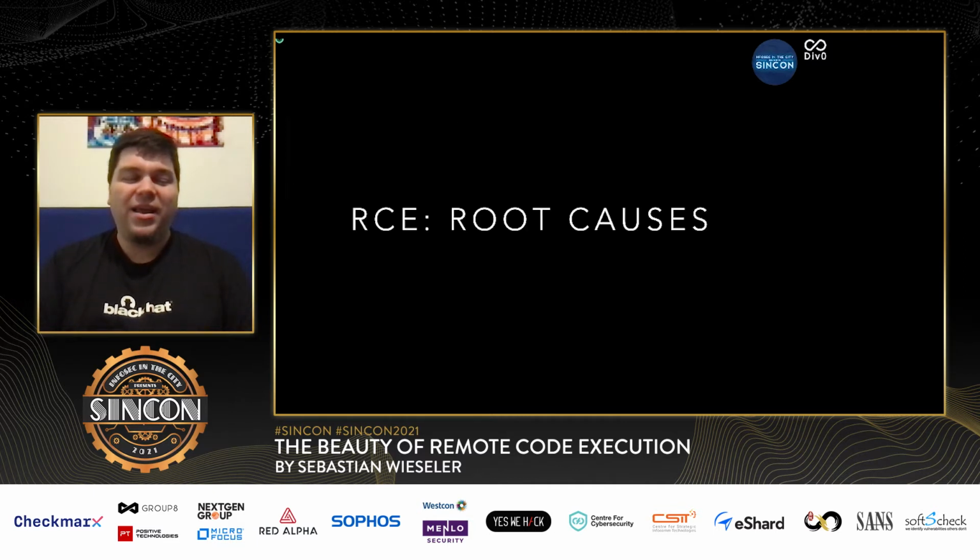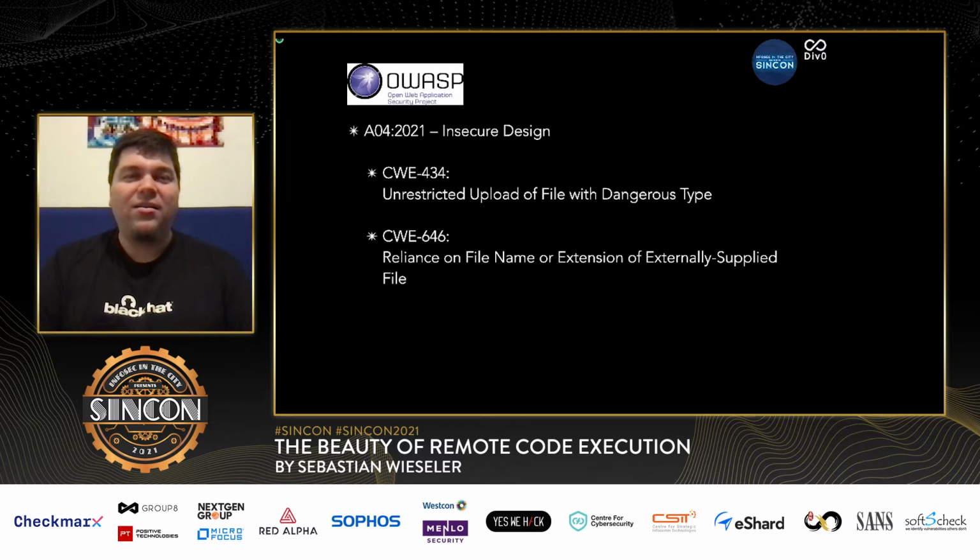And then at the beginning, I thought, let's talk a little bit about root causes. I think there are two main root causes which can lead to RCEs. And I looked it up in the latest published OWASP 2021. It's not yet finalized, but it's in draft state.